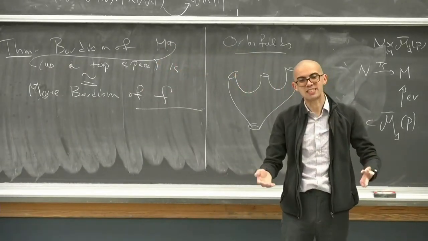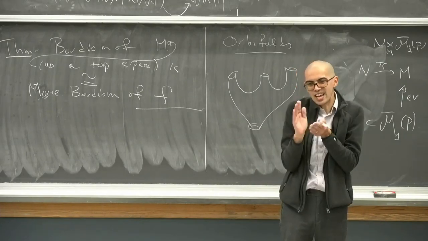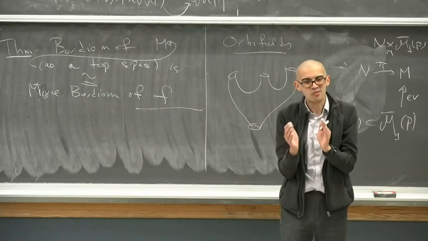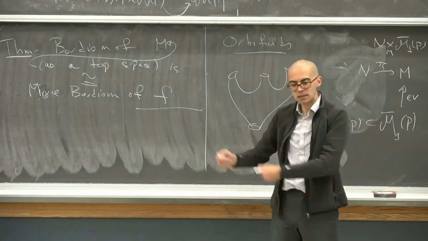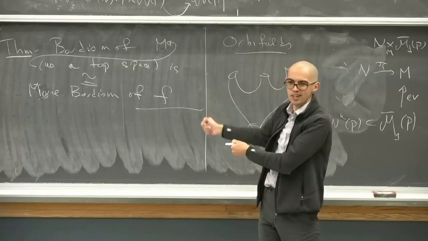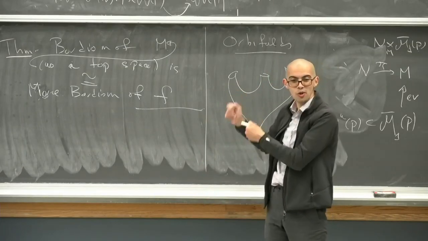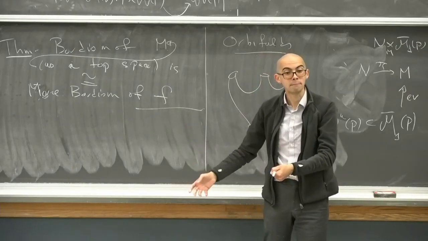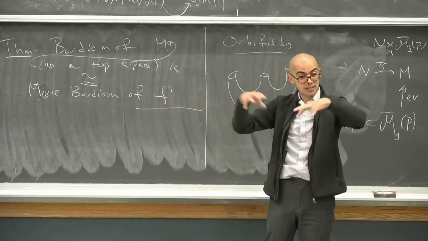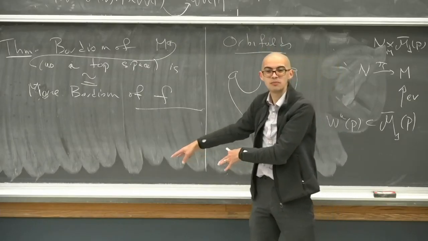It's the exact same statement in some sense, except that exact sequences become more complicated when you're doing generalized homology theories because there's more possible extensions. But this is related to the Atiyah-Hirzebruch spectral sequence that goes from the homology of M with coefficients in this Bordism theory to the Bordism of M. One way to see that spectral sequence is by cellular decomposition, and another way is by Morse theory.